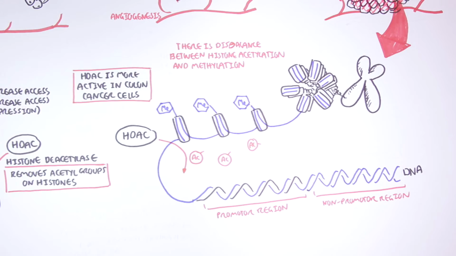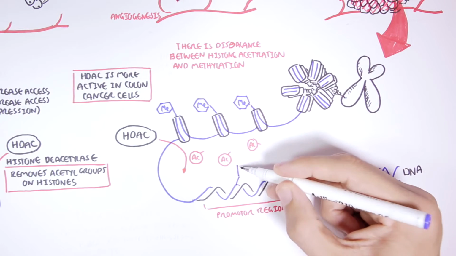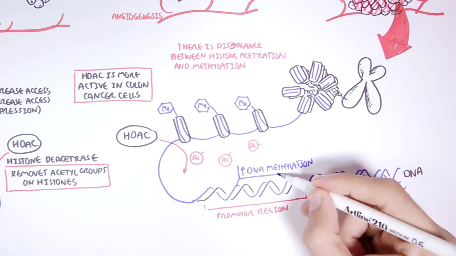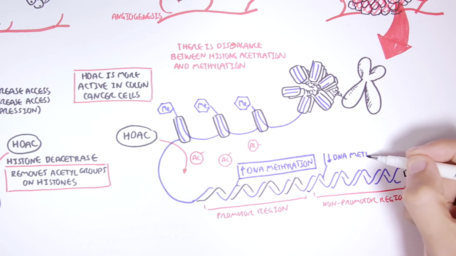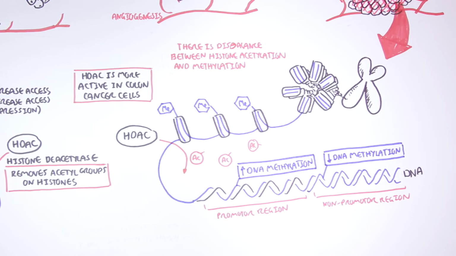In colon cancer cells, we also see changes in DNA methylation. In promoter regions, for example, there is usually hypermethylation, particularly in tumor suppressor genes and DNA repair genes. This results in some of the mutations we talked about earlier. And in non-promoter regions, there tends to be less methylation.